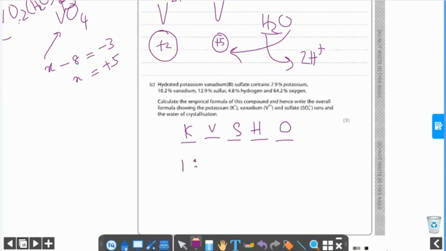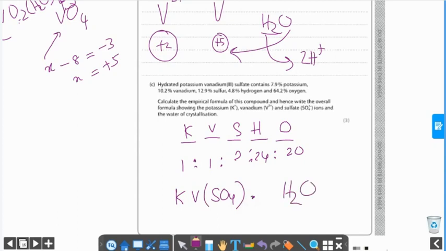The ratio is 1 : 1 : 2 : 24 : 20. The question says you can't just write KVS2H24O20. It says there are sulfates, so potassium, vanadium, sulfates, and water of crystallization.